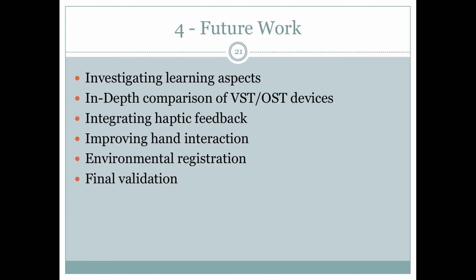I want to finish the design of the haptic glove, to improve also the hand detection, so finish the work on the hand pose estimation, see if I can obtain a good enough hand pose estimator, or if I have to go on a gesture detection. And then finally, to integrate some kind of environmental registration, to see what kind of SLAM we can integrate in the augmented reality system, and then perform a final validation of all the system together.